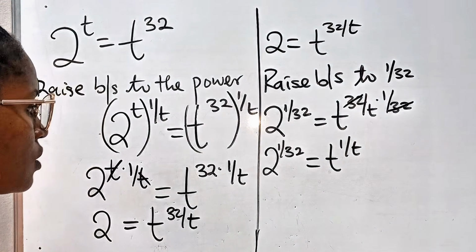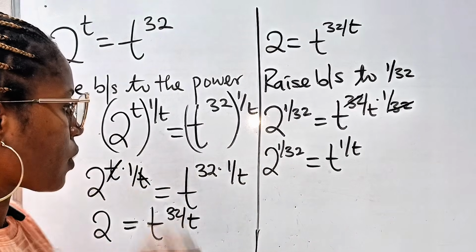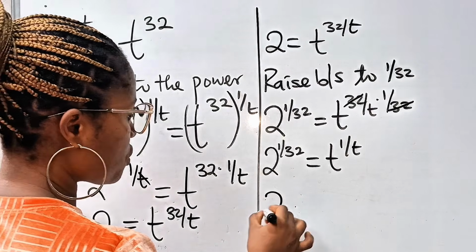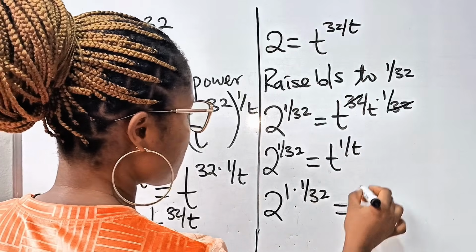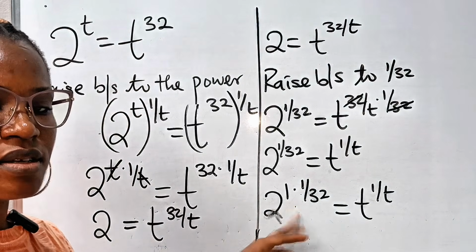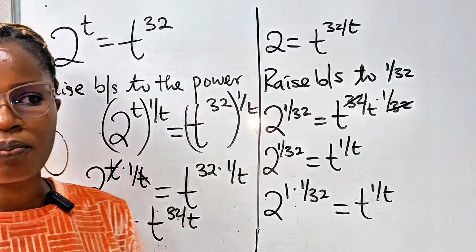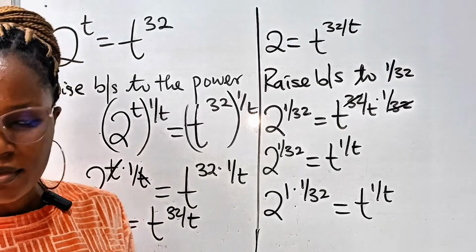This is what I've been trying to do. If you look at this now, we can write this as 2 to the power of 1 multiplied by 1 over 32, and this is t to the power of 1 over t. Now, 1 can be anything. 1 can be 2 divided by 2, 3 divided by 3, 4 divided by 4.